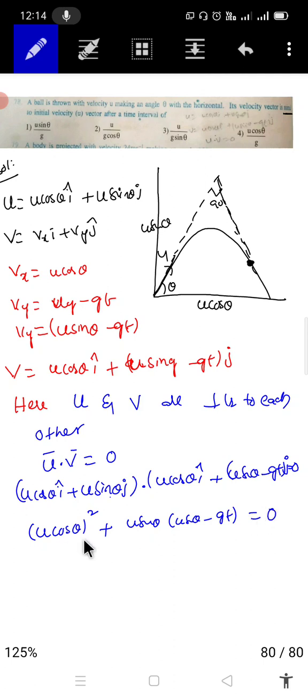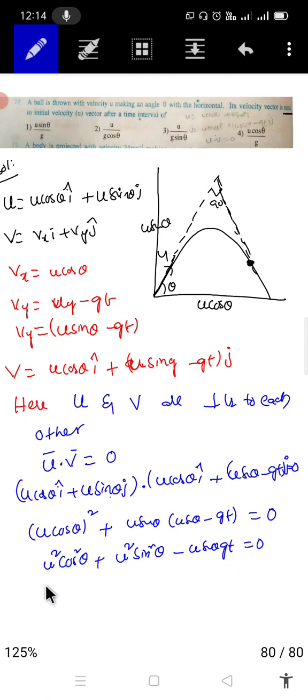After multiplication, this is u squared cos squared theta plus u squared sin squared theta minus u sin theta gt, equal to 0.